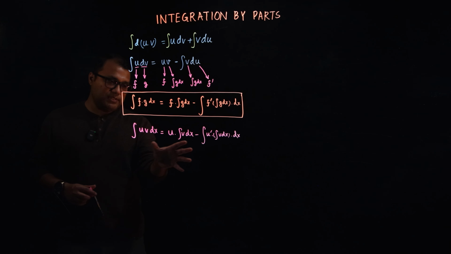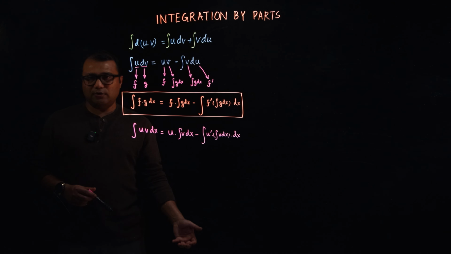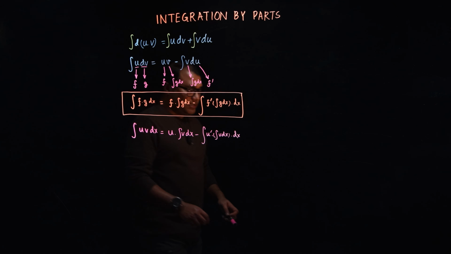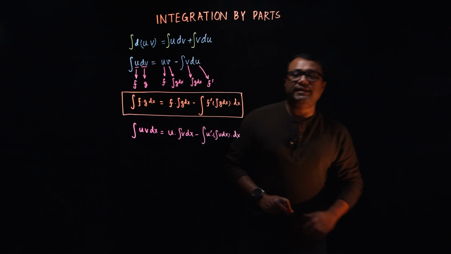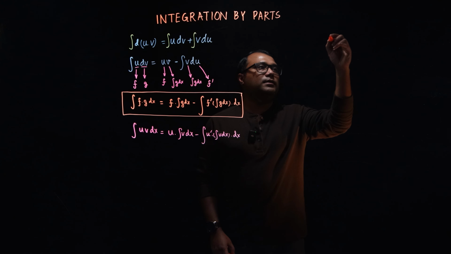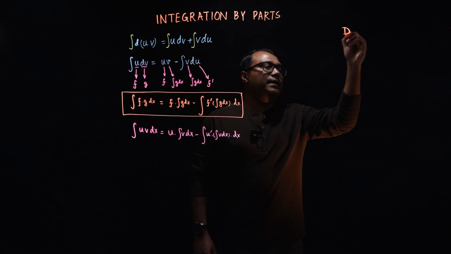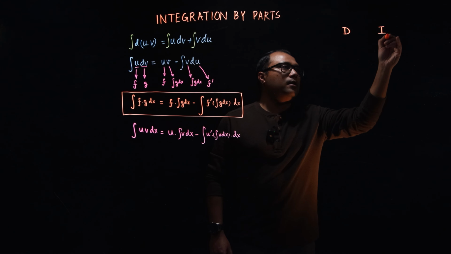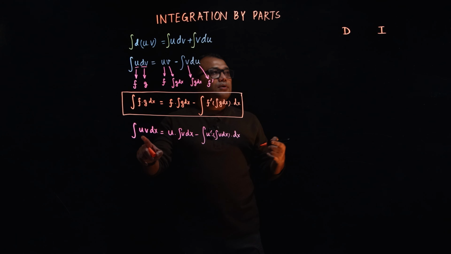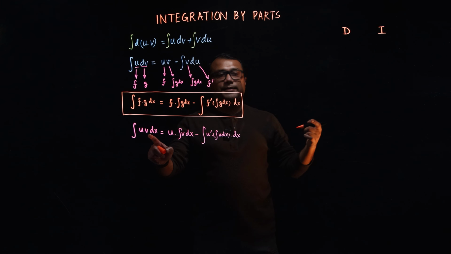Using this as is obviously involves a lot of steps and a lot of writing, and that's where this method called the DI method really is helpful. So what is this DI method? We will build a table, where we differentiate u and integrate v.